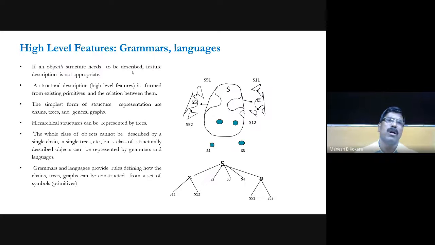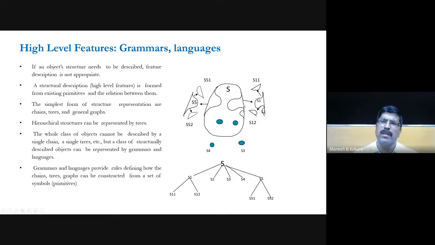And also we started on the high level features, like grammar and language, and as I told you, the whole structure or whole object is represented as a hierarchical structure. Like if this is the whole structure S, and in this there are several parts, for example S1 is this part, S2 is another part, S3, S4 and S5.